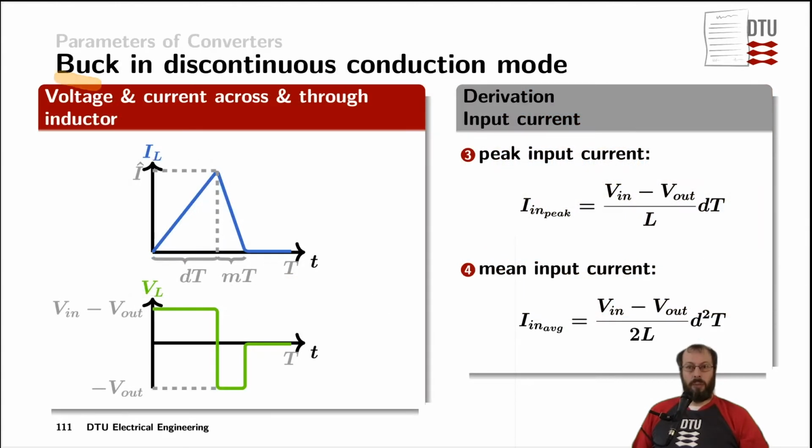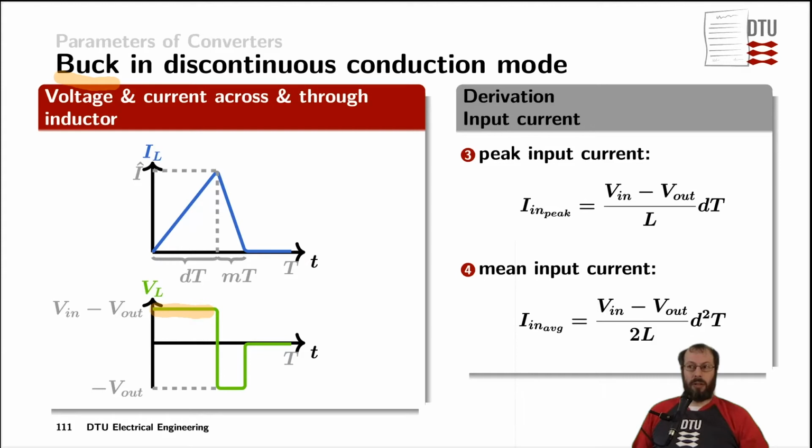For the buck converter, the inductor is connected between the DC input voltage source and the output capacitor during the on time of the switch. That means the inductor voltage is V in minus V out at that time.